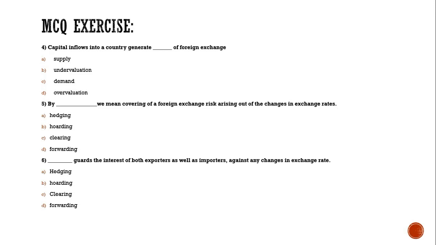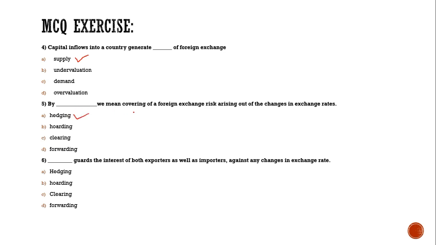Okay, now let us discuss the answers. First, the capital inflow into a country generates dash of foreign exchange? The answer is supply. By dash we mean covering of a foreign exchange risk arising out of the changes in exchange rates. The answer for that is hedging.